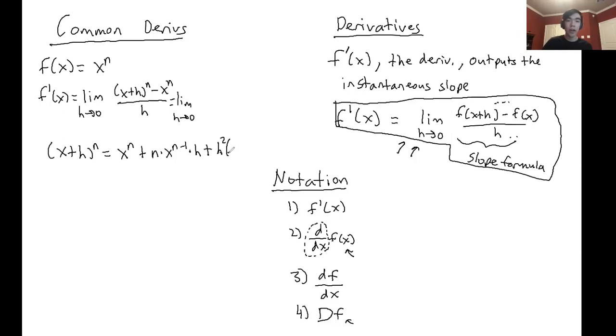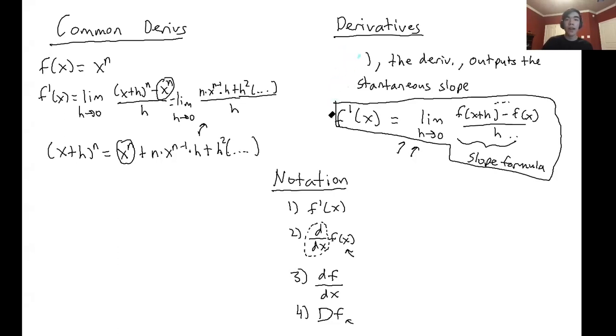So I can write it like this, h squared times other terms. So if you plug this into over here, you get that the x to the n over here and the x to the n over here will cancel out. So all we're left with is n times x to the n minus 1 times h. Then we have plus h squared times some other things. Then we divide by h.